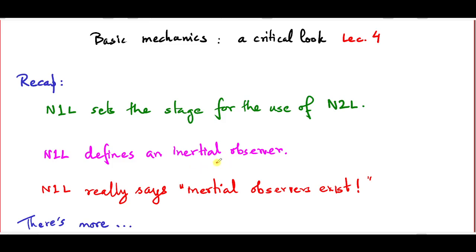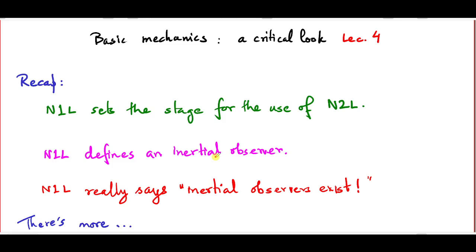But that is not the full impact of Newton's first law. What we saw in the last lecture is that the real meaning of Newton's first law is that it states that inertial observers exist. Its importance is as an existence statement for the concept of inertial observers.